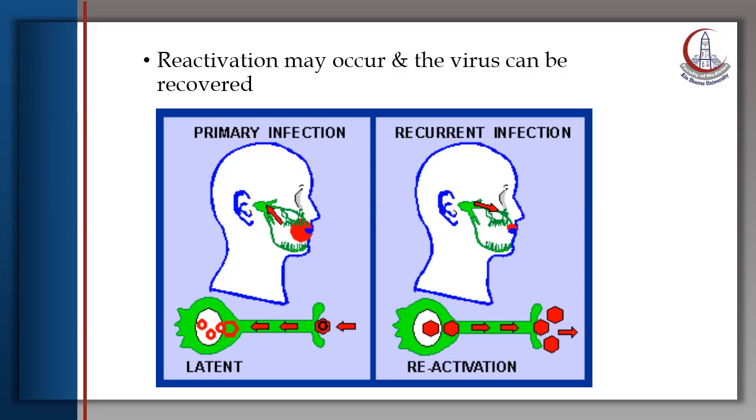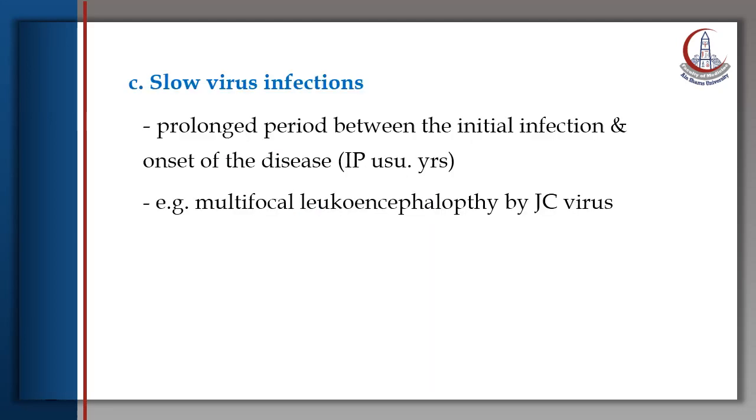So the first form was chronic infection, and the virus is detected. The second, latent infection, but the virus is not detected. And the third form is slow virus infections.